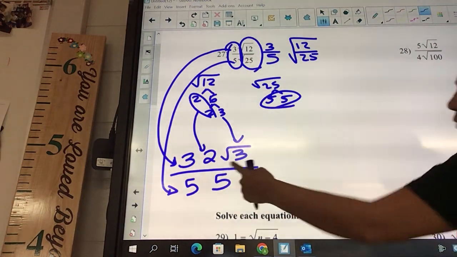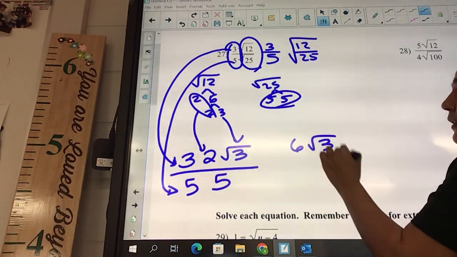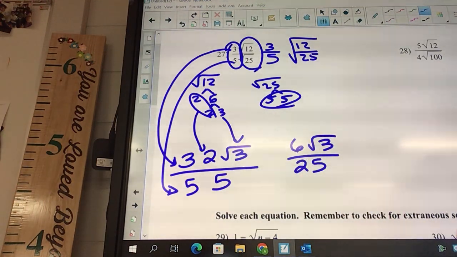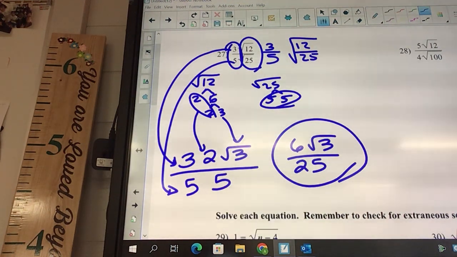So here we get 6 square root of 3 over 25. The division ones are probably the hardest because there's not an exact set of steps. Check it, and if it doesn't work, do it the longer way and simplify them separately, and put the pieces where they go.